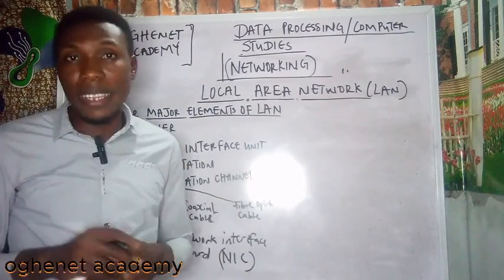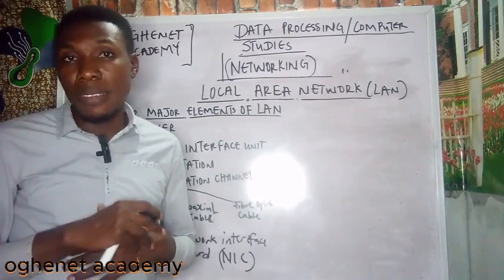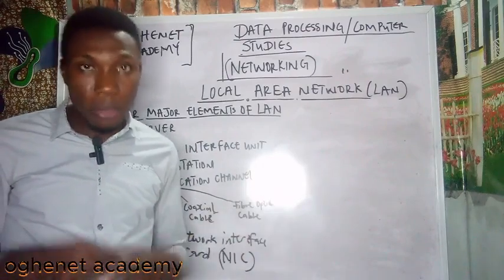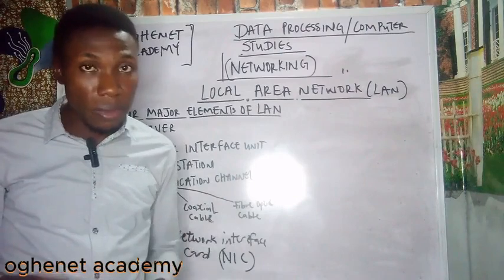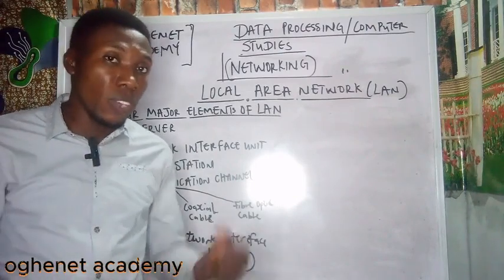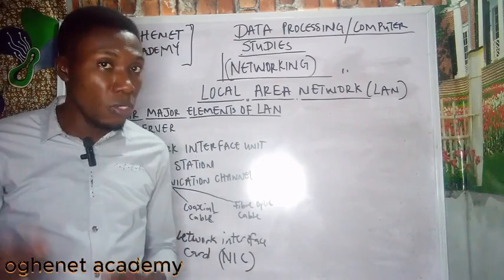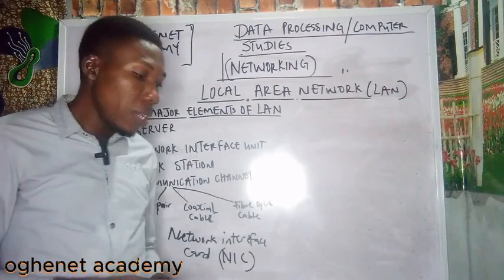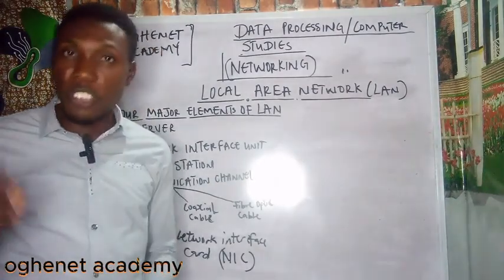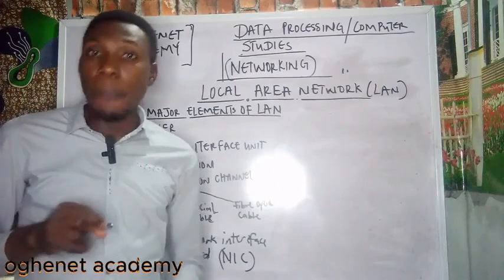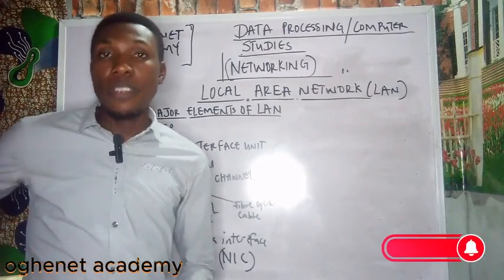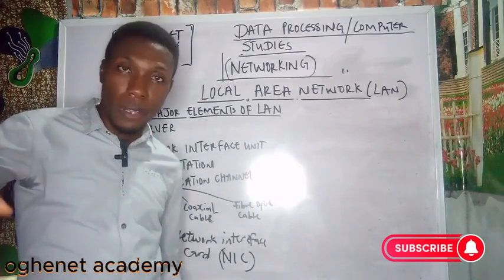Remember I said that there can be more than one workstation in a particular network. Of course, multiple workstations, okay, with different users interacting with them. So with the workstation, you can interact with another person who is in the same network.